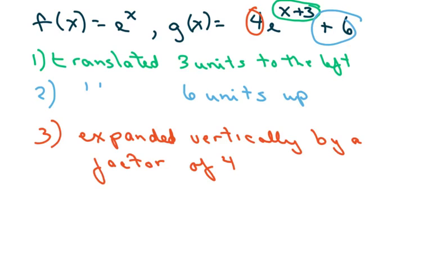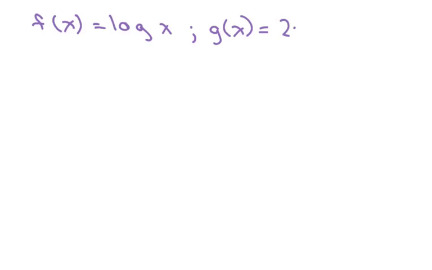All right, and then the last one we have is f of x equals log of x, and g of x is 2 times log of x plus 6. I'm going to talk about this a little.